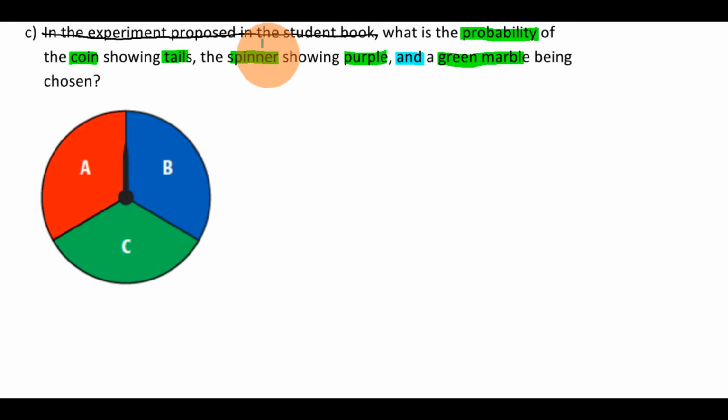I have multiple single events happening: the coin being tossed, the spinner being spun, and a marble being chosen. So let's just write those three events out. My first event is the coin, my second event is the spinner, and my third event is the marble.